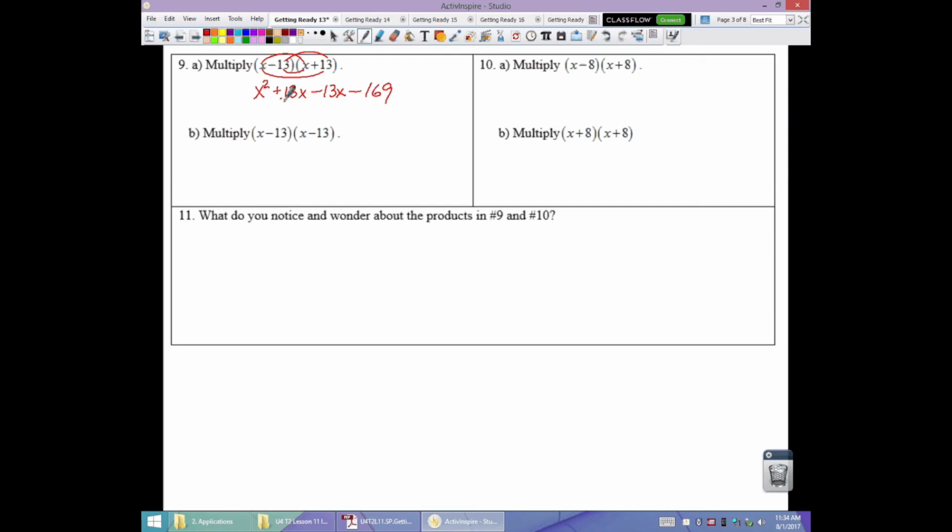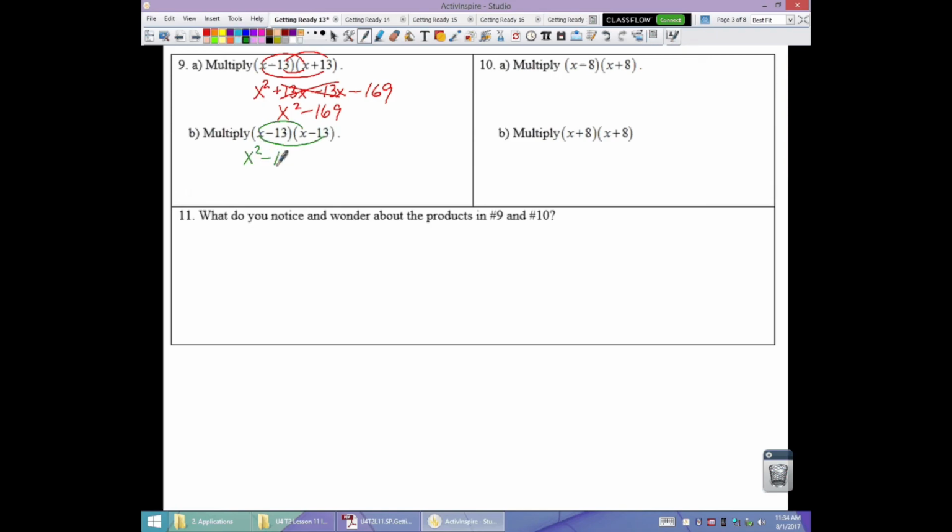So when we cancel those middle terms, we're left with x squared minus 169. All right, now when we do part B and we're multiplying x minus 13 times itself, first times first looks the same as above.